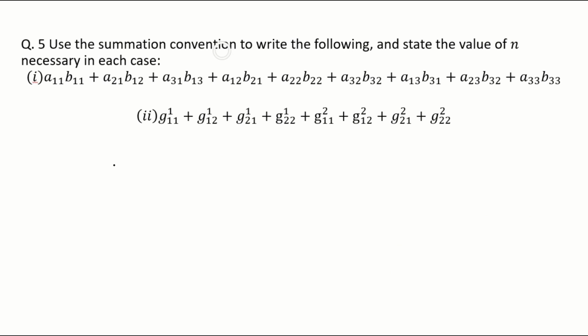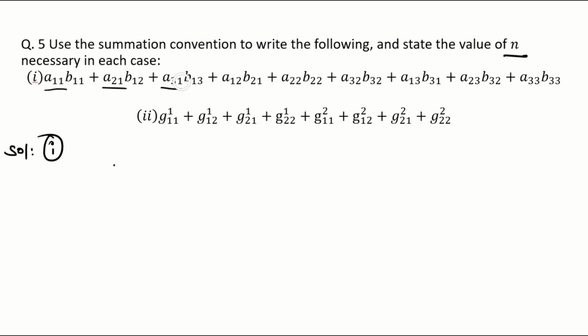Use the Einstein summation convention to write the following and state the value of n necessary in each case. For the first part, a11 b11, then a21 b12, then a31 b13.